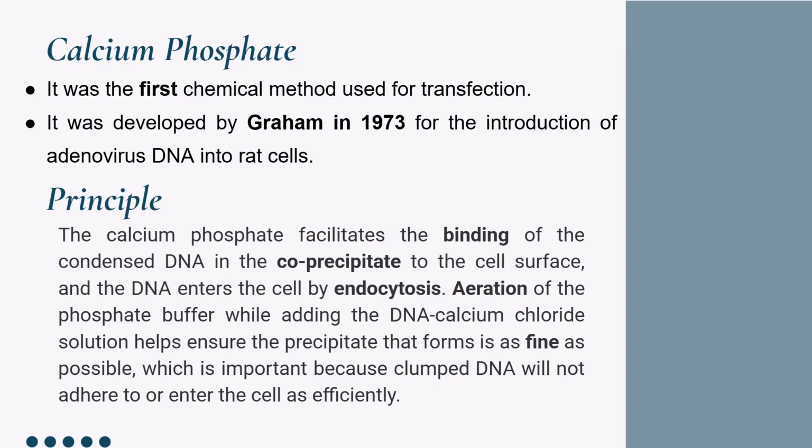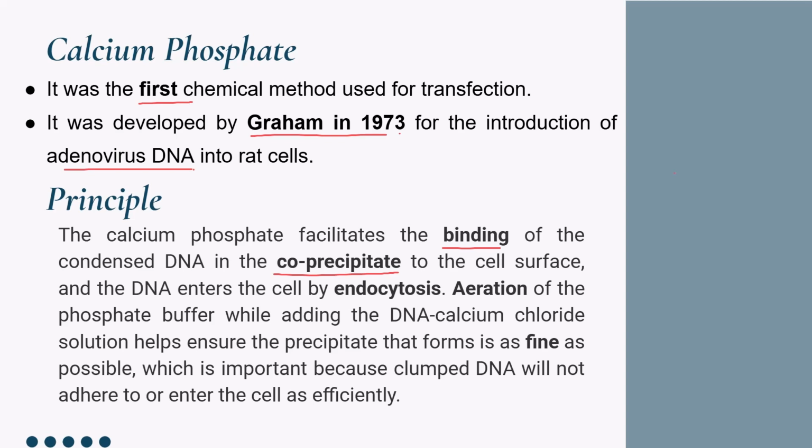First let's look into the calcium phosphate method. It was the first chemical method used for transfection, and it was developed by Graham in 1973 for introduction of adenovirus DNA into rat cells. The principle is that calcium phosphate facilitates the binding of the condensed DNA in a co-precipitate to the cell surface.